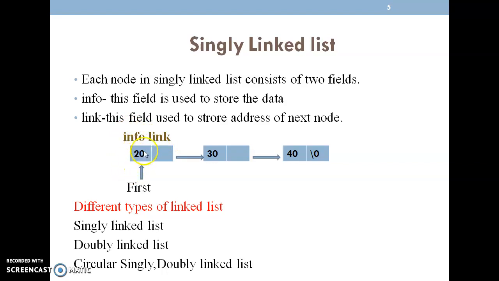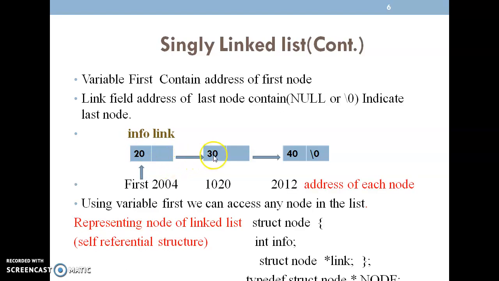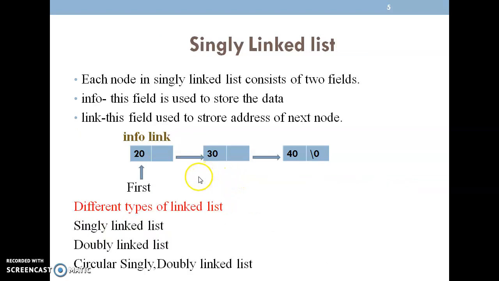In this example, I have taken 20 as the element I am going to insert in the first field of the first node, whereas the second field contains the link, which contains the address of the next node. For example, if the second node address is 1020, this will be held in the link of the first node, which contains the address of the next node, that is 1020.